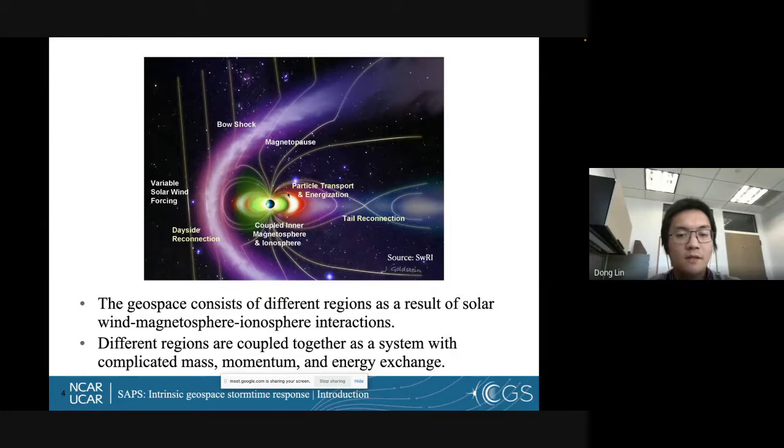And the magnetosphere then gets connected to the top side of the atmosphere through the magnetic field lines. Of course, with exchange of mass and energy and so on. So the different regions in the geospace are actually coupled as a system, making it very challenging to fully understand the processes going on.